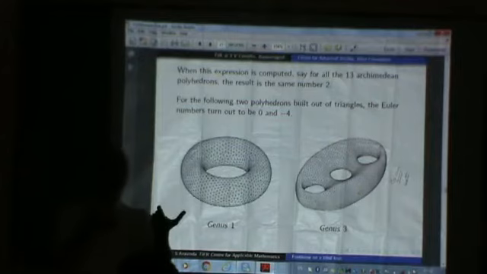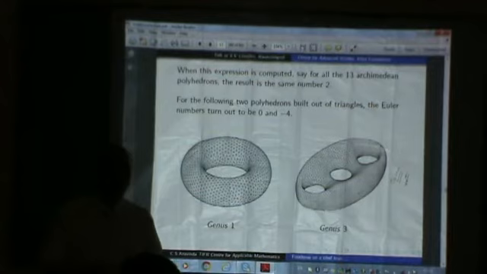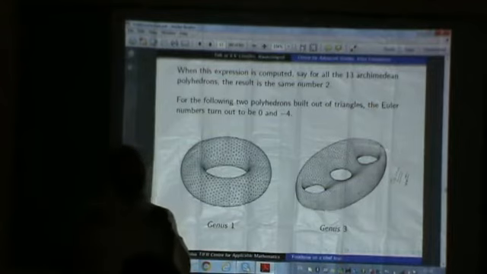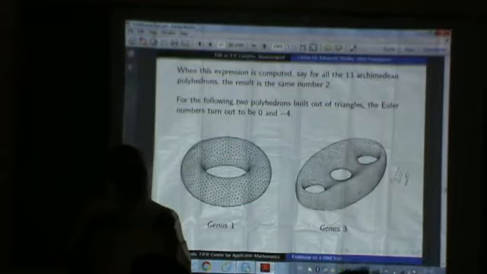And finally, if I keep removing them, you are left with only 1 face. Let's say in the square, I am left with only that. So in the square, what is the number of vertices? 4. Number of edges? 4. Number of faces? 1.